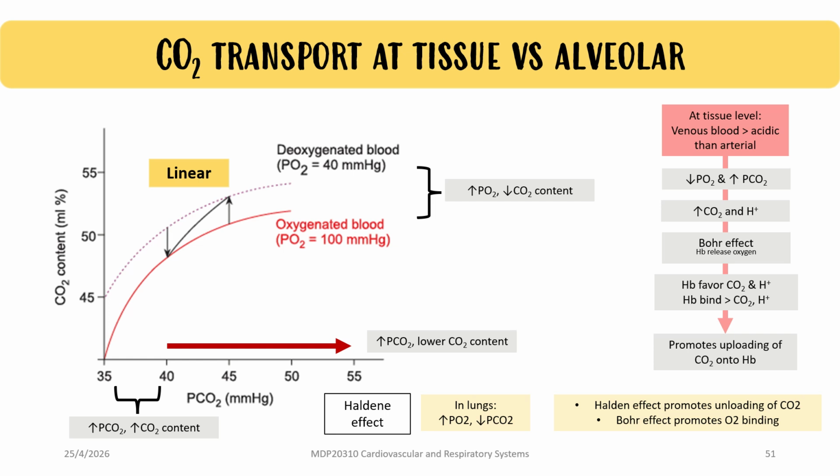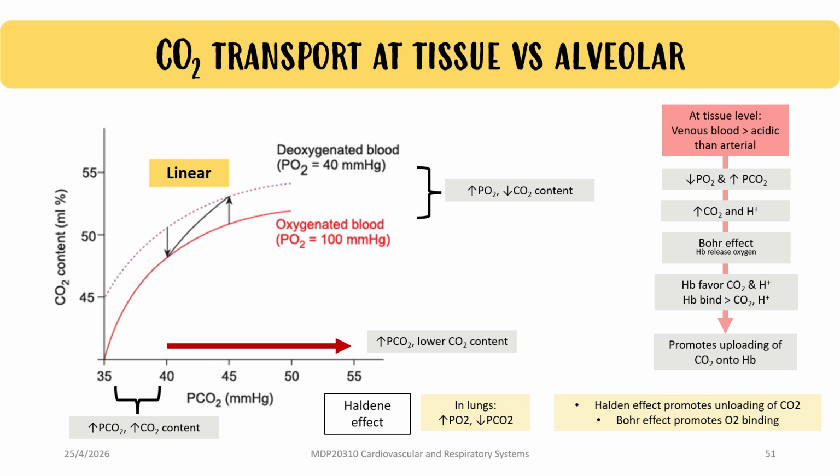So at the bottom here there's a typing mistake: it says the Bohr effect promotes oxygen binding, right? That is wrong, the Bohr effect helps to unload the oxygen. So through the presence of the Haldane effect, you can see that the carbon dioxide dissociation curve is linear, unlike the hemoglobin oxygen curve, which is sigmoidal.